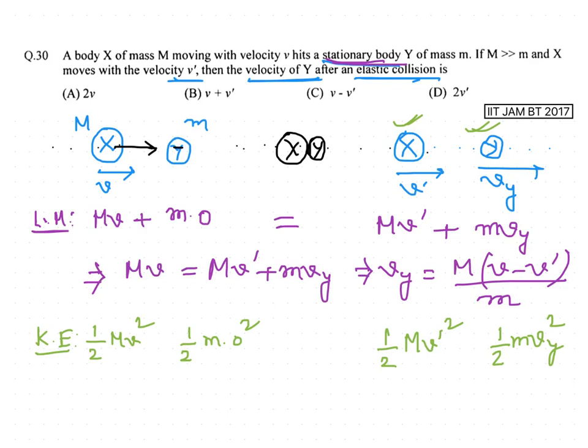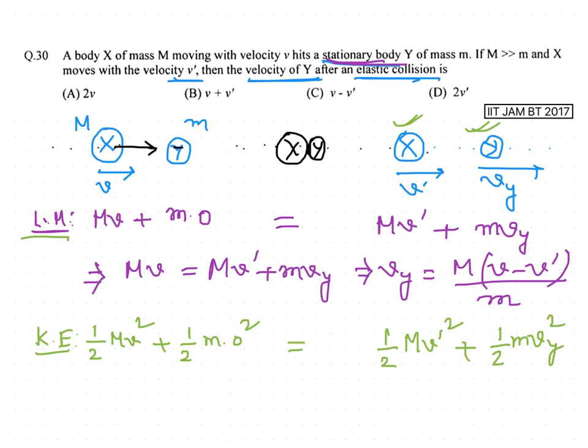As I said, kinetic energy is the quantity which is again conserved like linear momentum. So the total kinetic energy of X and Y before collision, that is half M v square plus half m times 0 square, is equal to total kinetic energy after collision, that is half capital M v prime square plus half small m Vy square.